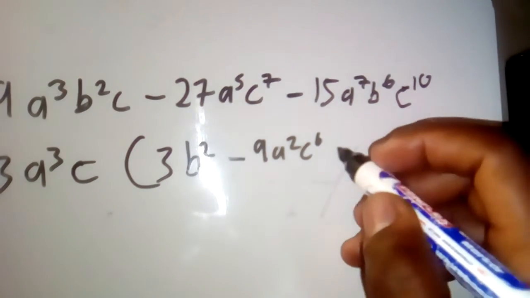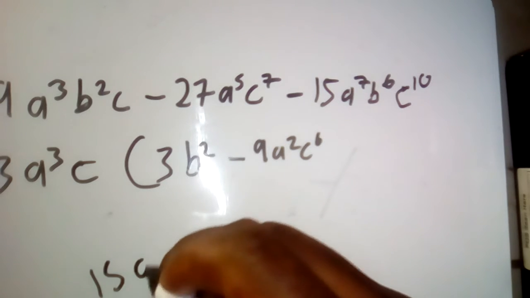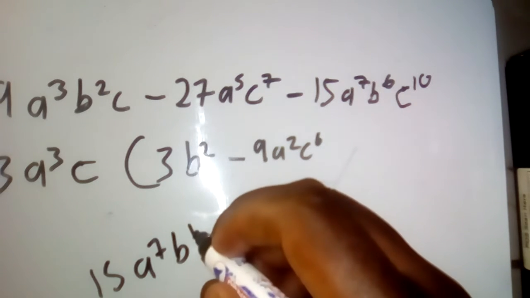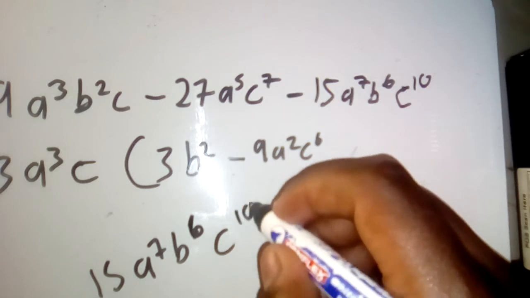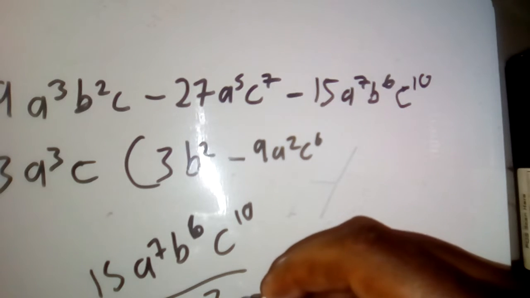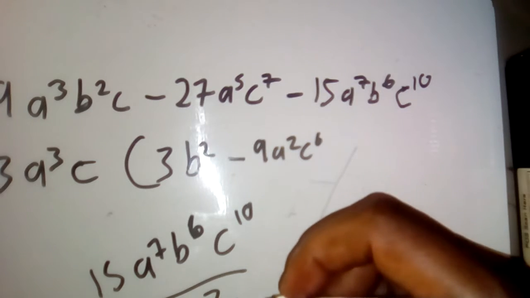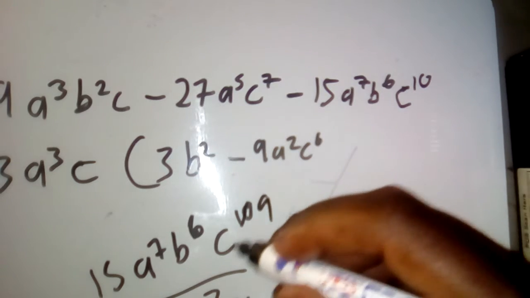So we're now going to divide this by that. So we're going to have 15 a to the power of 7, b to the power of 6, c to the power of 10 divided by 3 times a to the power of 3, and that. So c to the power of 10 divided by c just leaves c to the power of 9.